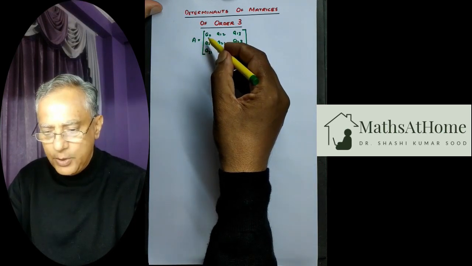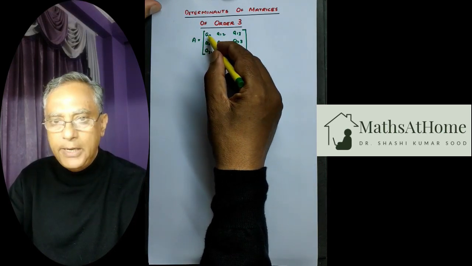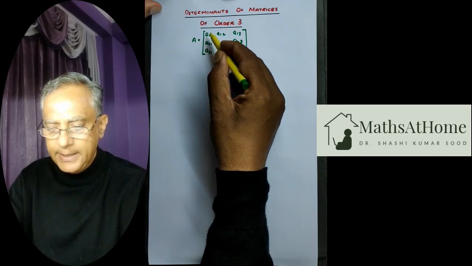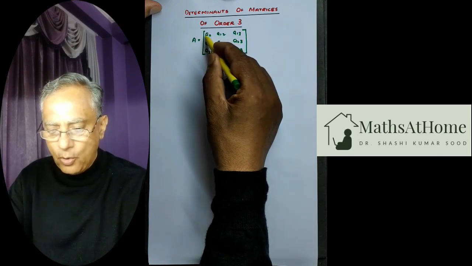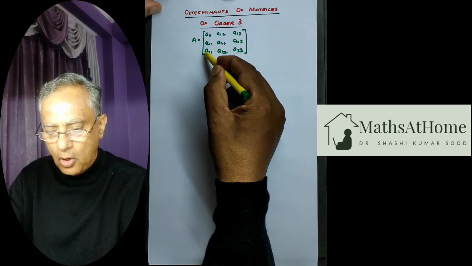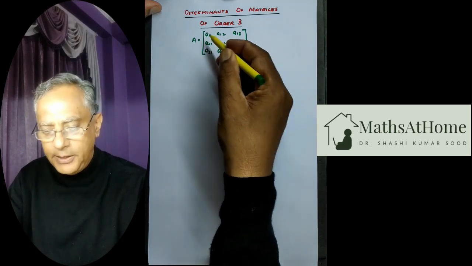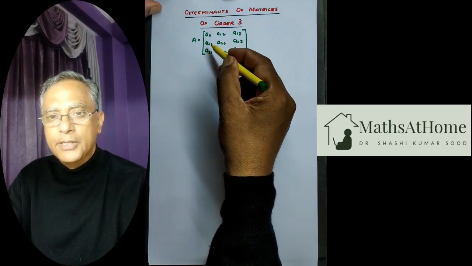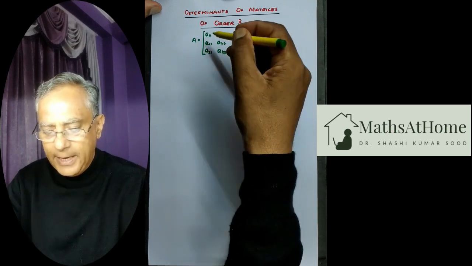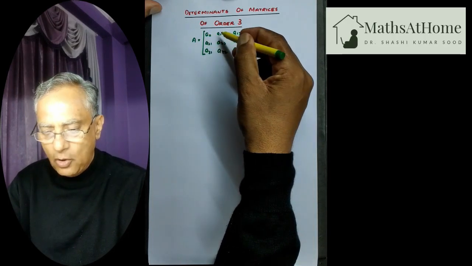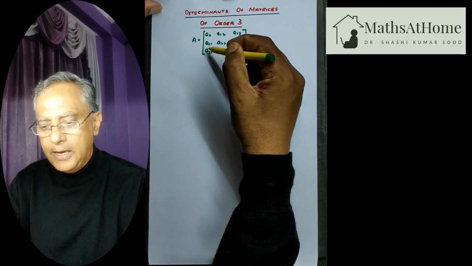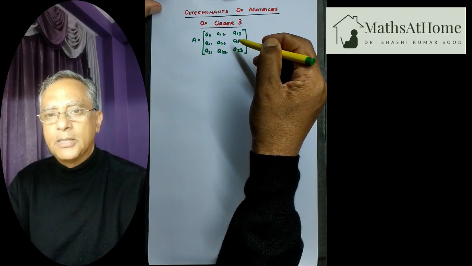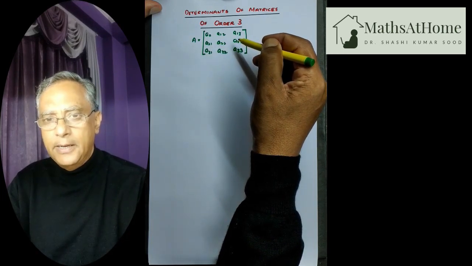We can find this value of the determinant by expanding this matrix either by row 1 or row 2 or row 3. All these values will be same. Even if I expand this by C1 or C2 or C3, the value will come out to be same. And this value is the value of the determinant.